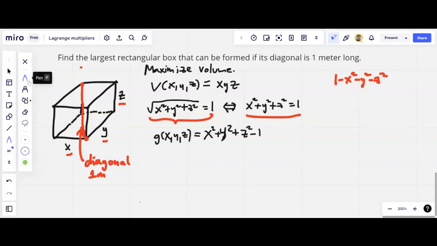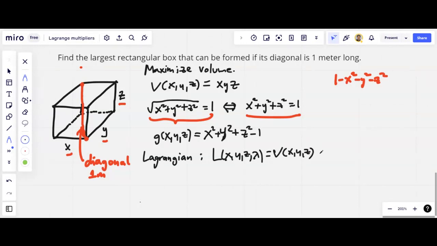And so now the next step is to form the function which we call the Lagrangian function. The Lagrangian is the function denoted by capital L of x, y, z, lambda, which is equal to our objective function V of x, y, z minus lambda times the constraint function g of x, y, z.